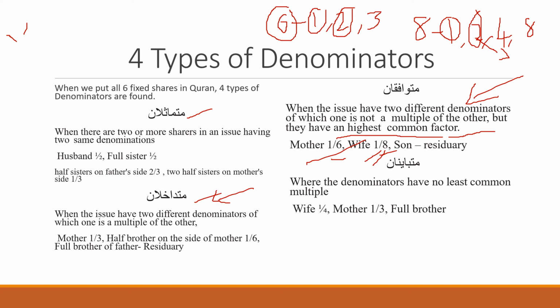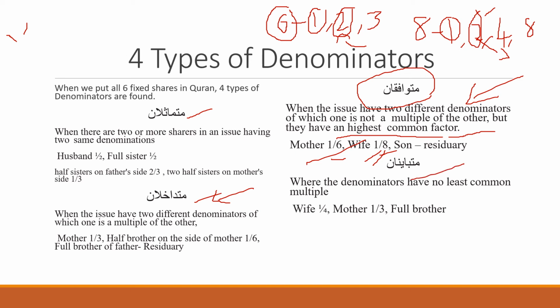It means they are not multiples, they are not the same, but they have a common factor, that is 2, because here also we got 2, here also we got 2. So these types of denominators are called mutawafiqani.